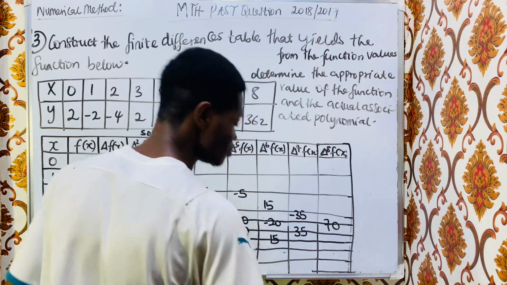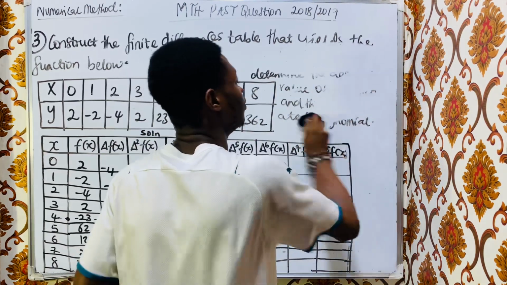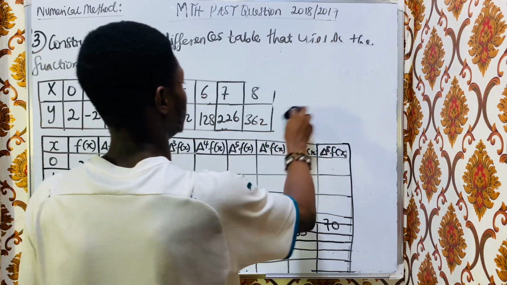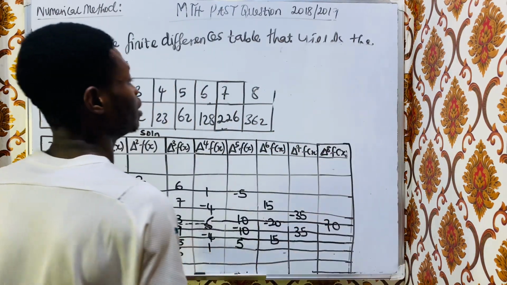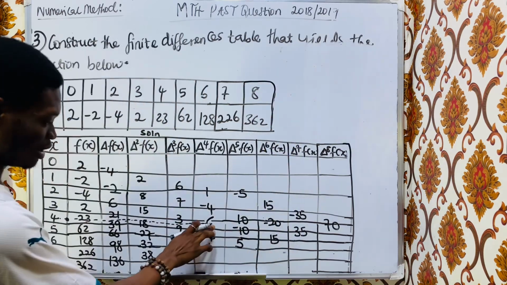Now using this formula, where is that place that our error occurred? 6.